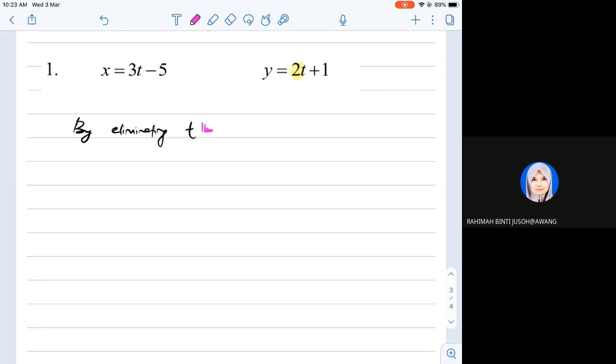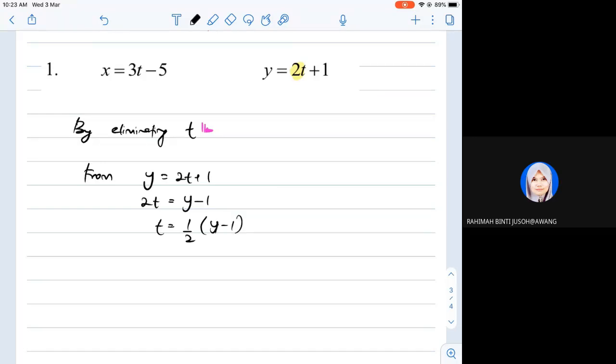Alright, so we choose y. Actually, it's up to you. You can choose x, doesn't matter. So from y equals to 2t plus 1, we will have 2t equals to y minus 1, isn't it? And then t equals to 1 over 2, divide everything by 2, so we have y minus 1 like this.